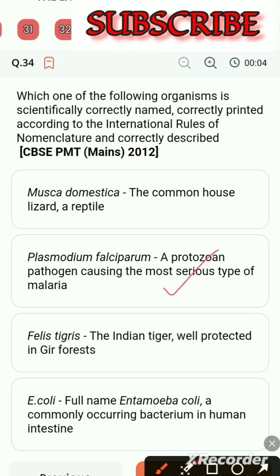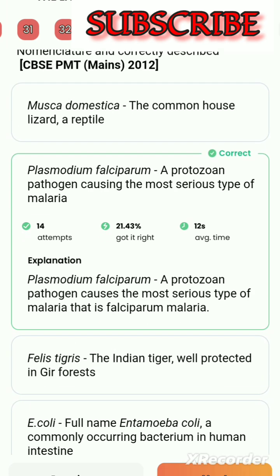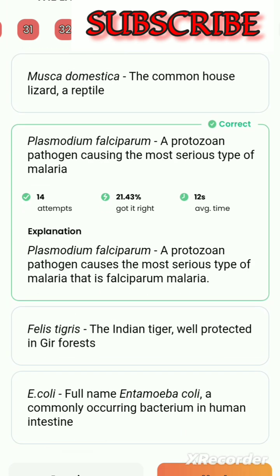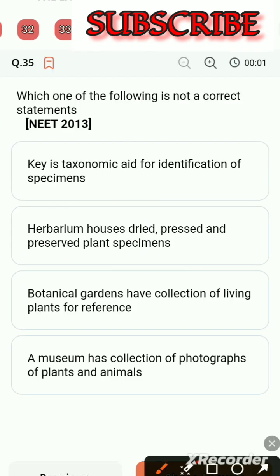Which one of the following organisms is scientifically correctly matched, named, correctly printed according to the international rule of nomenclature and correctly described? That is Plasmodium falciparum, the protozoan pathogen causing the most serious type of malaria.